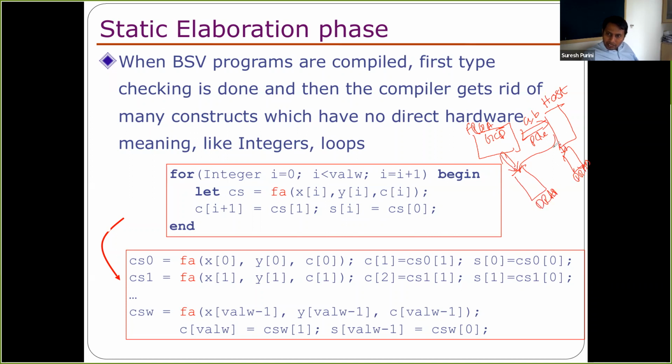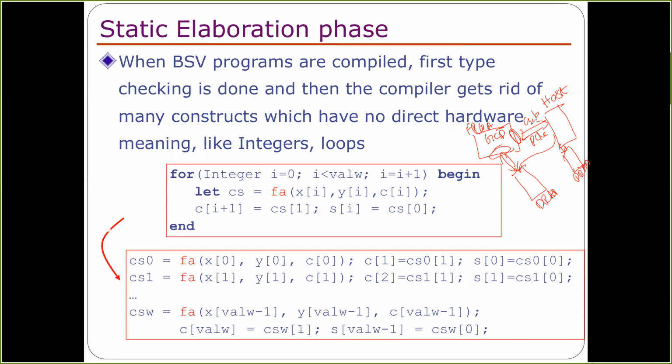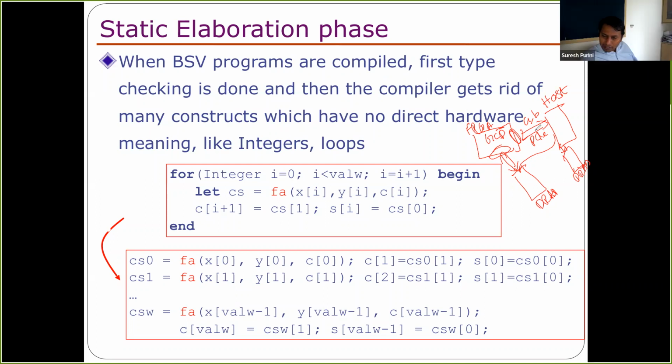You send it from here to here and from here you read. But in either case, you need to have some kind of an interface circuit module here, which reads data from the host and passes it to the GCD module and reads the results and sends it back to the host. Does it make sense?